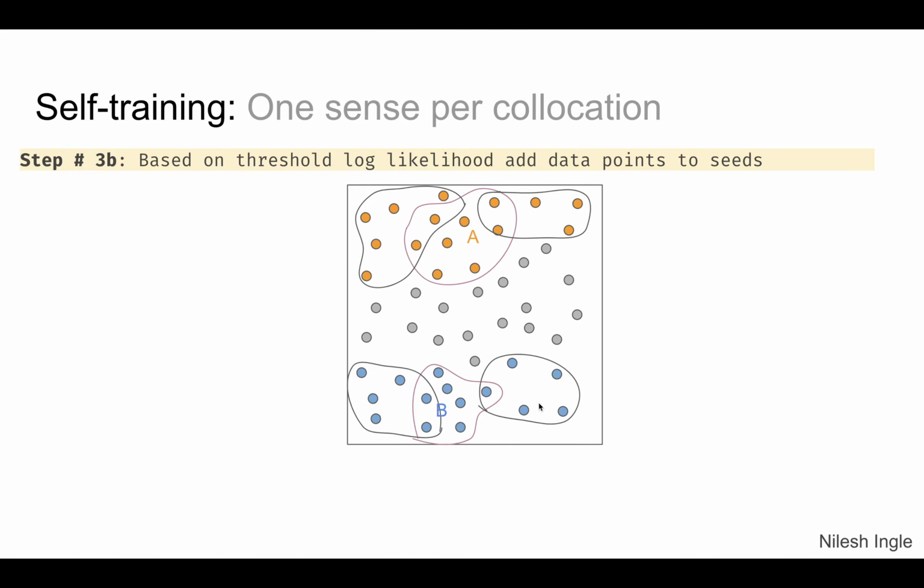The next step is we consider them as seeds for the next iteration. So we are increasing the population of seed data points.